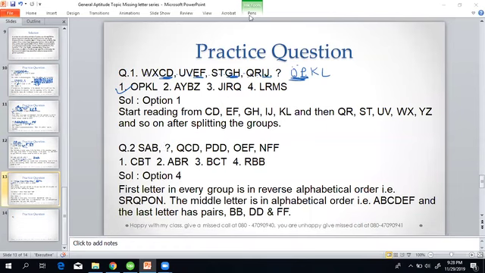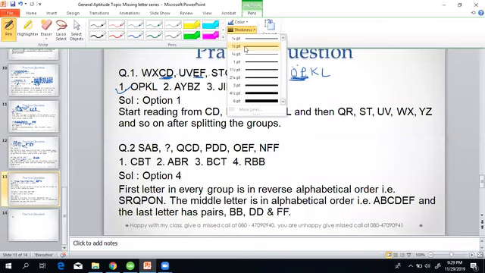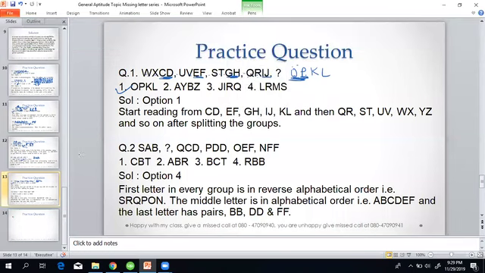Okay. So in the second question, you can see that the missing letter is in between. Let's try with this: C D, D D, E F, F F. The last letter of each group is repeating in the next. C D, then D D. Then after D, E F, then F F is repeating here.